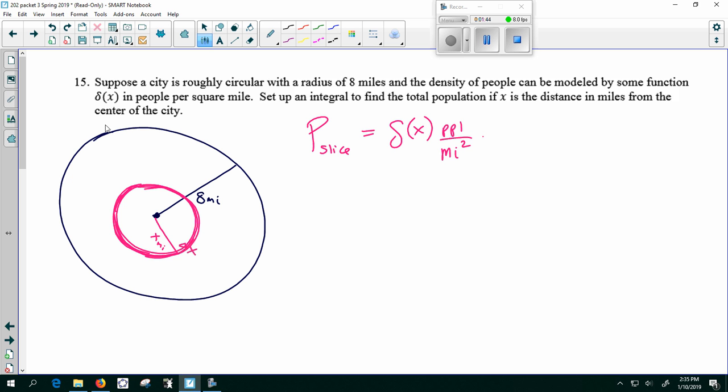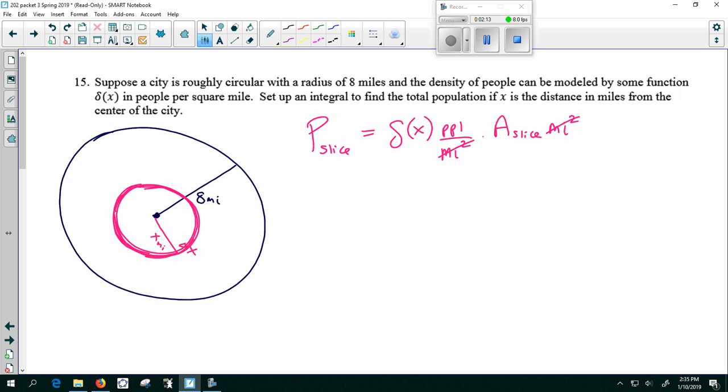And then I want to multiply times the area of that slice, which is in miles squared. So that my miles will cancel, and I'll just have people left as my units. So delta x is just some function. I just need to know the area of that slice.